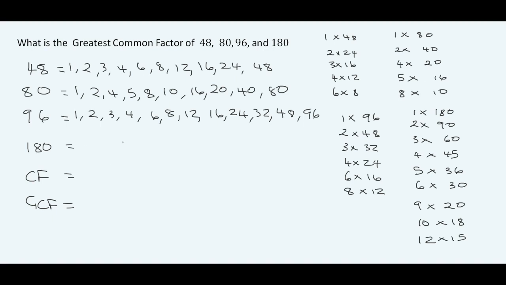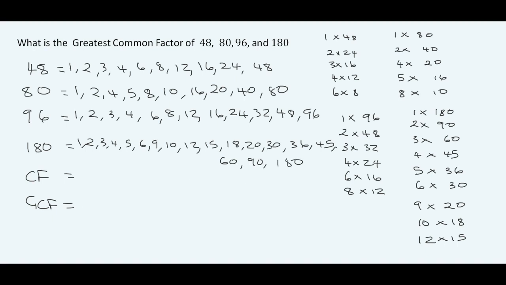So we have 1, 2, 3, 4, 5, 6, 9, 10, 12, 15, 18, 20, 30, 36, 45, 60, 90, and then 180.